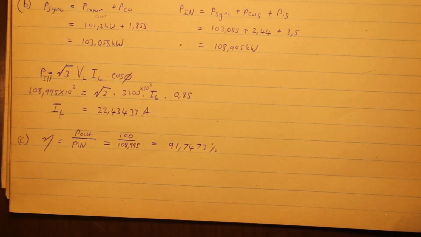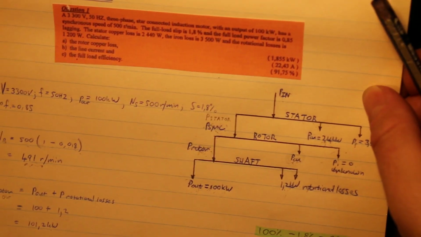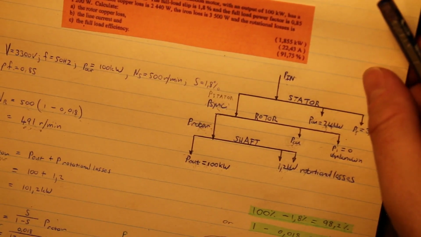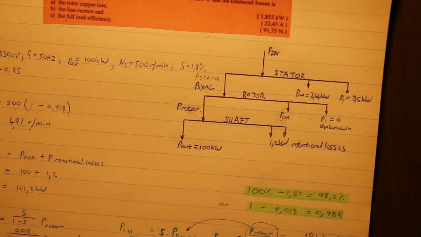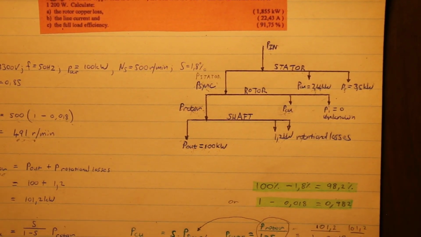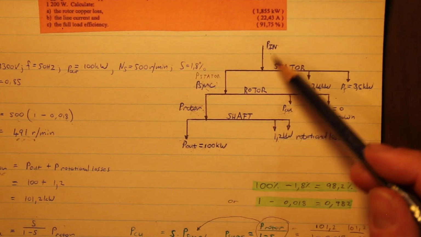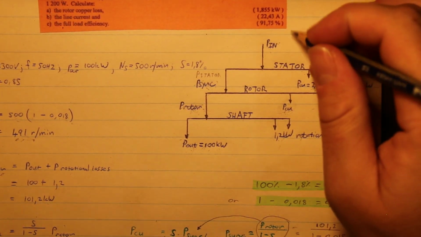Okay, and then the last part of the question, we want to know what the full load efficiency of the motor is. And if we go back to the diagram, very easy. Efficiency is just power out over power in, and we calculated what that was.